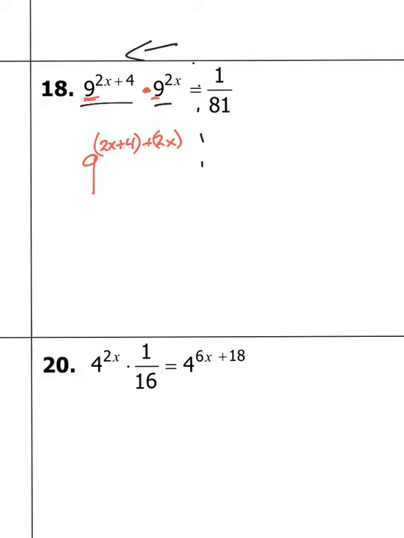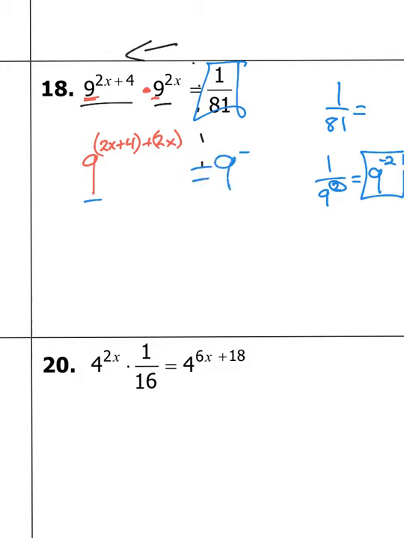And then on the other side, let's rewrite this guy with base 9. How can we write 1/81 with base 9? Well, first off, I know that 9 squared is 81. And then how could I write that not as a fraction? Well, if it's a +2 on the bottom, if I make it a -2, it comes to the top. So I have 9 to the negative 2 on the right side.